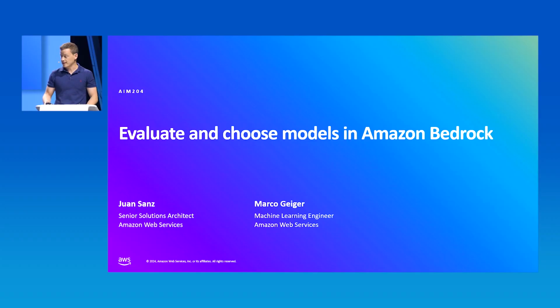But choosing the right model is not a trivial task. It can be complicated. So today, what we are going to see is what are the important elements that you need to consider in order to choose the right LLM for your task.